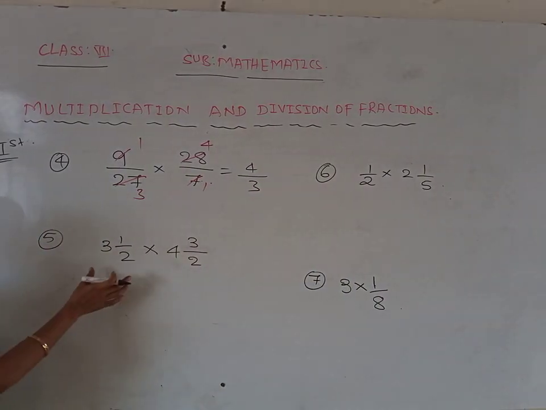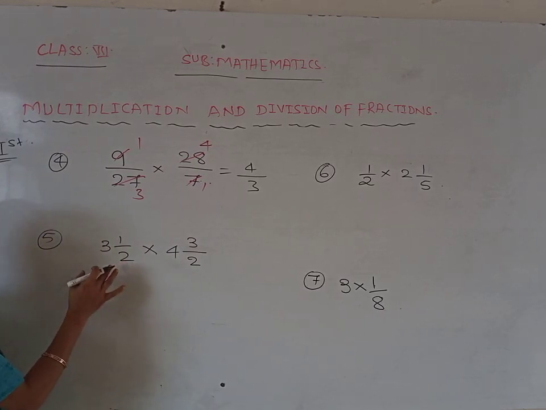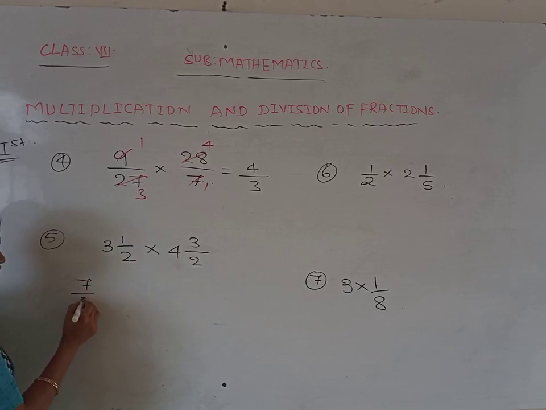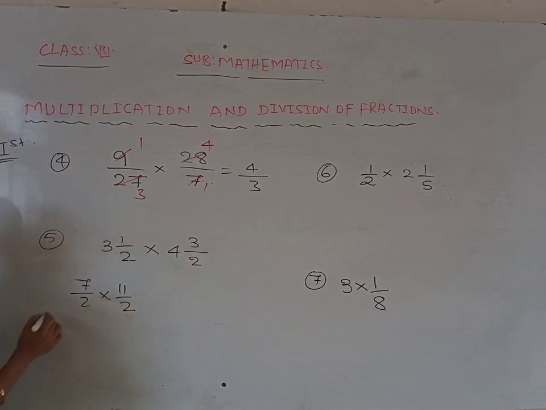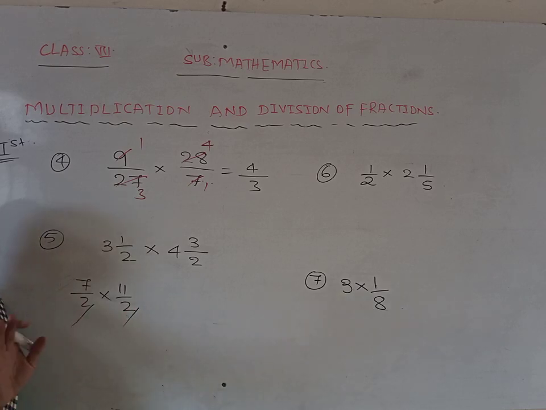Next here, first you have to convert this mixed fraction into an improper fraction. How to convert? Already you know. 2 into 3, 6, 6 plus 1, 7 by 2. 2 4s are 8, 8 plus 3, 11 by 2. Is there any common factor here? No. But please don't cancel numerator by numerator or denominator by denominator. Not possible in fractions.